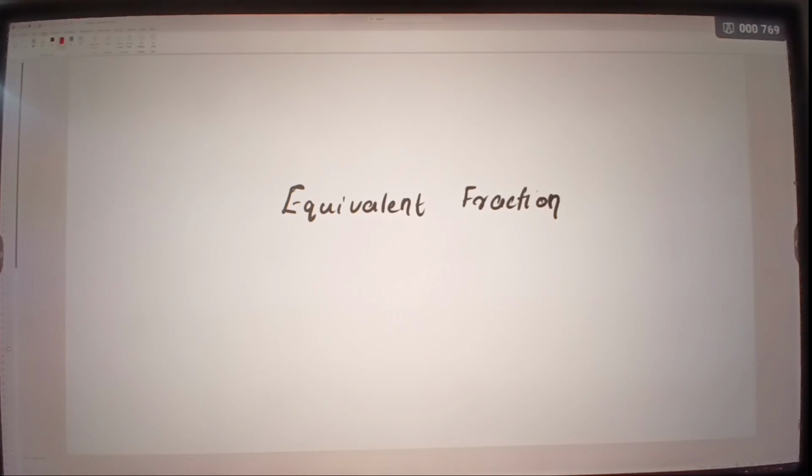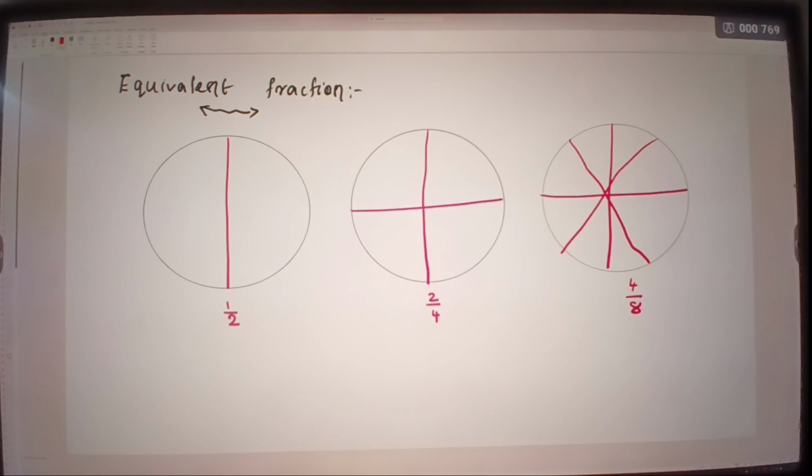So next is equivalent fractions. What do you mean by equivalent fractions? We can see. So a half. Shade a half of the circle. Now shade 2/4 of the circle.